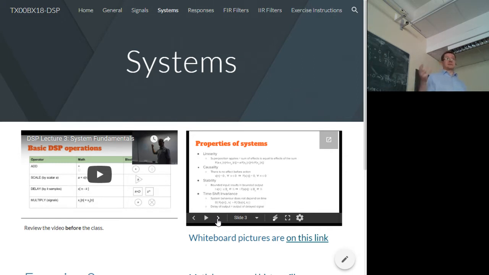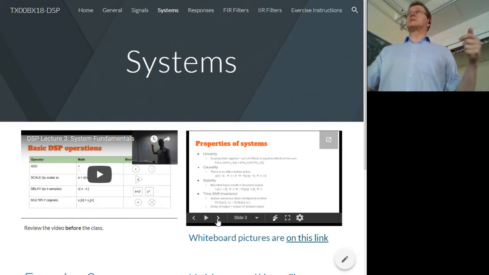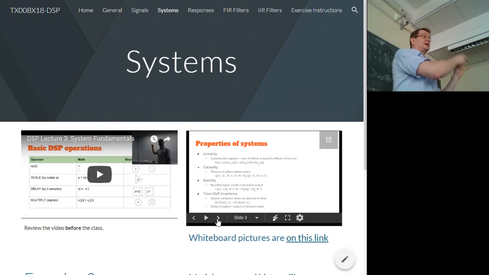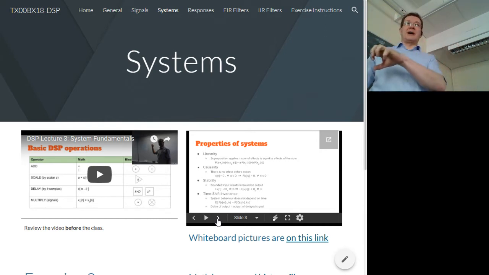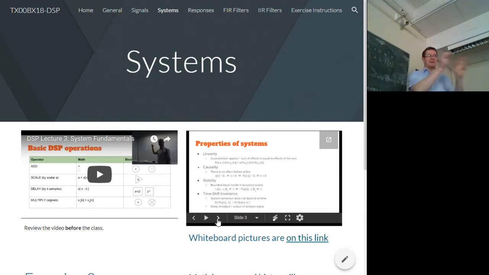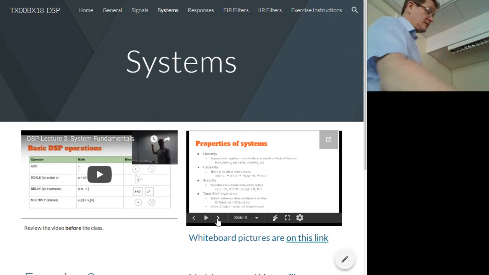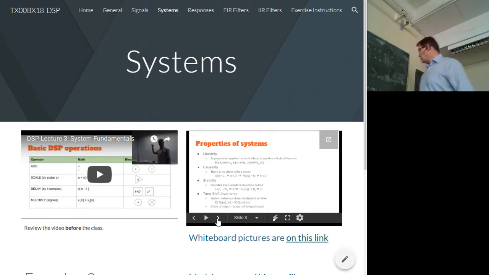So you get the same result if you time shift the input or time shift the output, meaning that nothing strange happens in between. Okay, good. So that's the quick part of the first part.